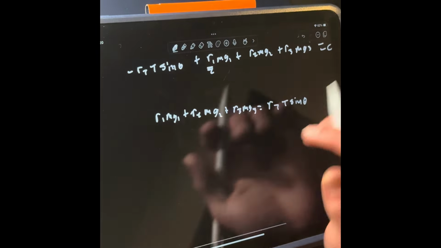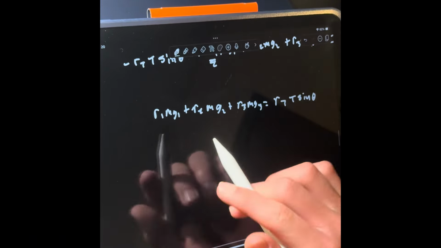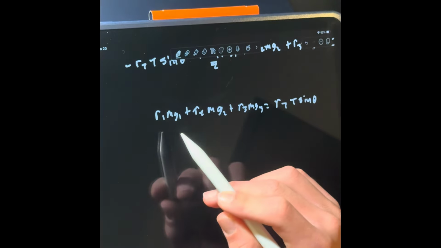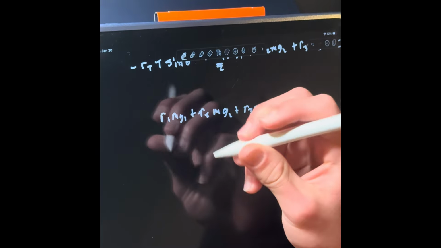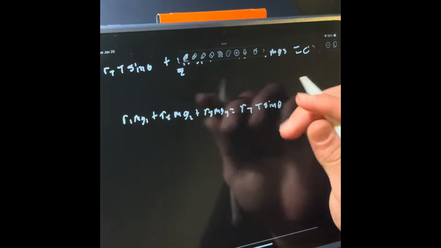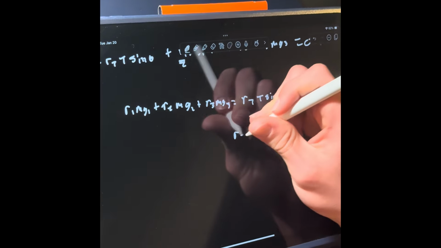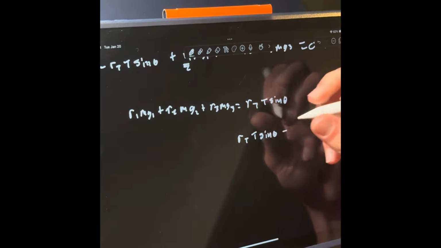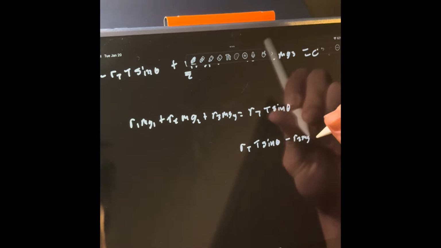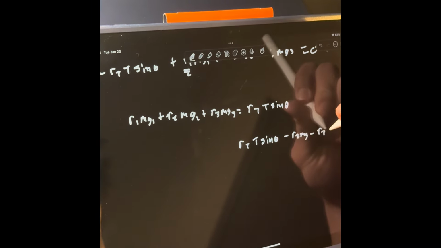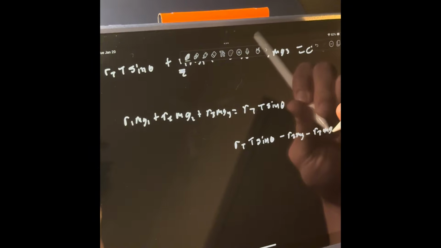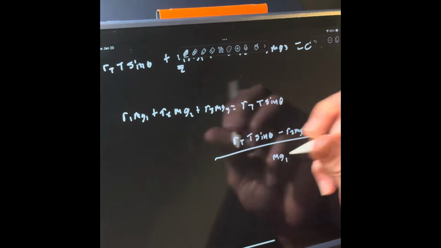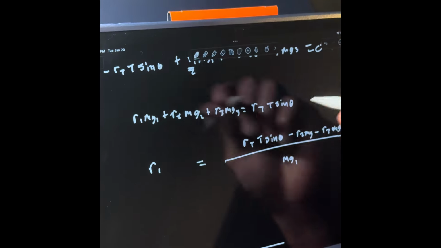Now, in order to isolate R1, we have to subtract R2 mg2 and R3 mg3, and then divide all that by mg1. It's going to be one big equation. So we get RT T sine theta minus R2 mg2 minus R3 mg3, all over mg1, equals how far the bear could walk out.